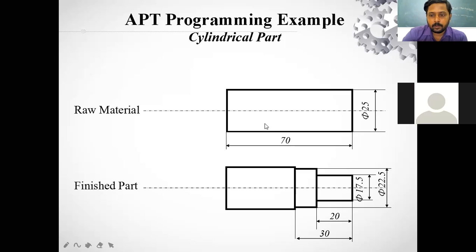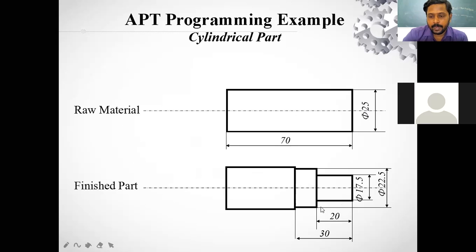If you can observe on this particular slide, we have a raw material which is a cylindrical shape. The length is 70 mm and the diameter is 25 mm. And the requirement is like this. There are steps.